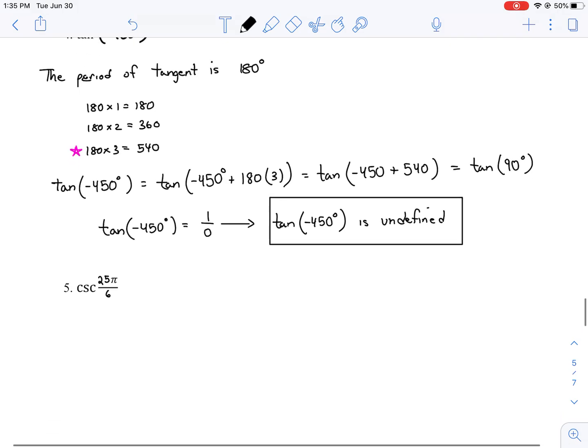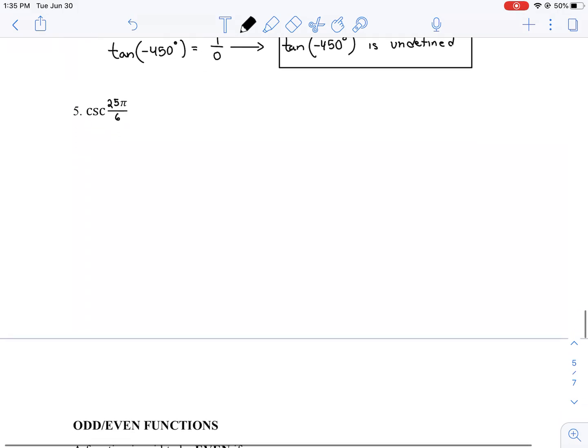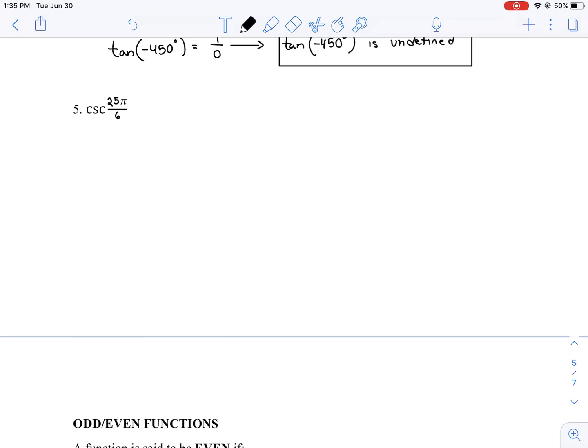Example number 3. The cosecant of 25 pi sixths. So what is the period of cosecant? Well, the period of cosecant is 2 pi, which can also be written using a denominator of 6 as 12 pi divided by 6.